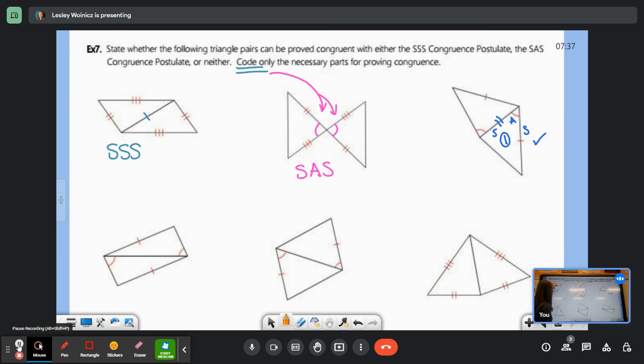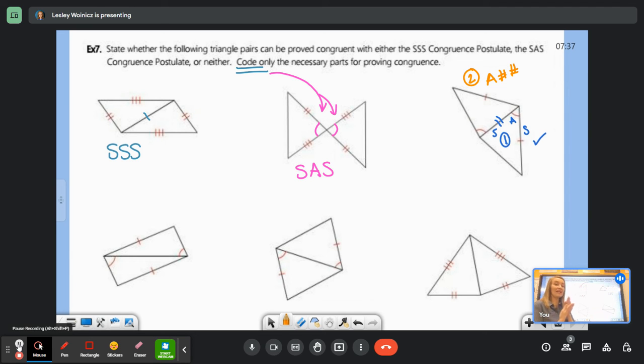Okay, but look at triangle 2. I'm sorry if I said angle. This is triangle 2. I have an angle, and then I have two sides in a row. Beep, beep. Okay, those are two sides in a row. We don't have an A beep beep property. Okay, that does not exist. There's no A beep beep congruence postulate.